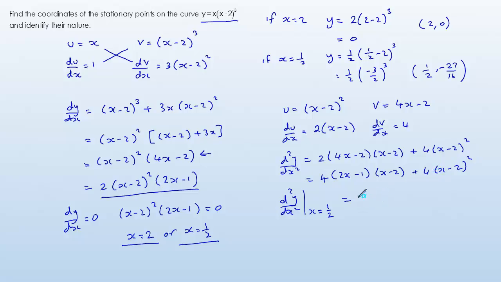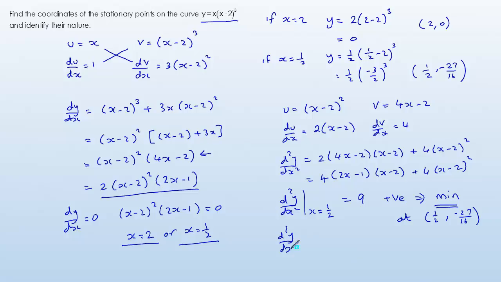Multiply that by 4 is 9. So positive implies that we have a local minimum. So that's at (1/2, −27/16).